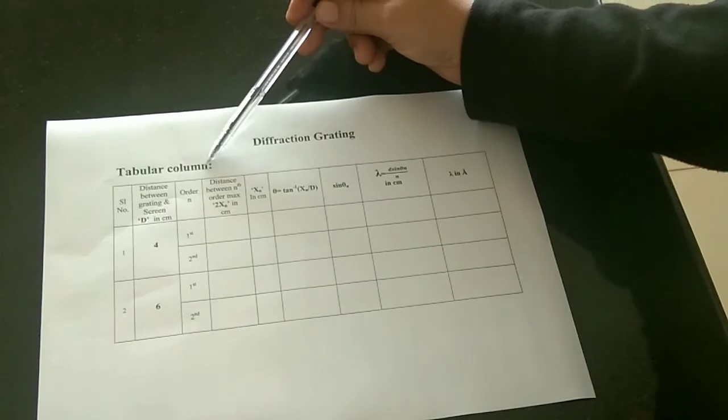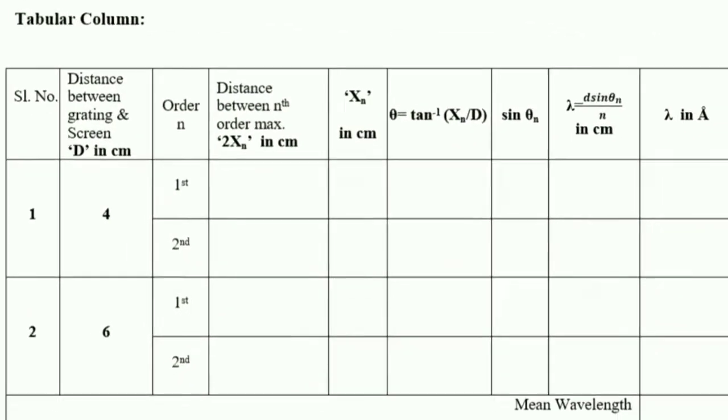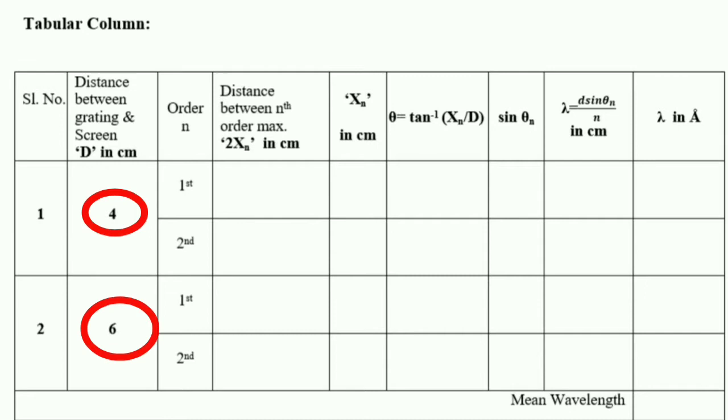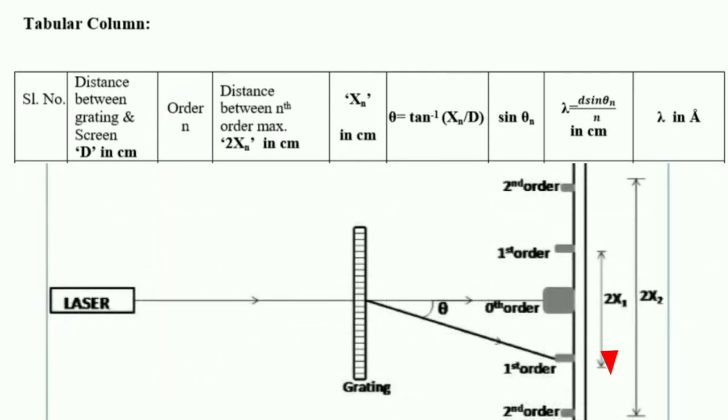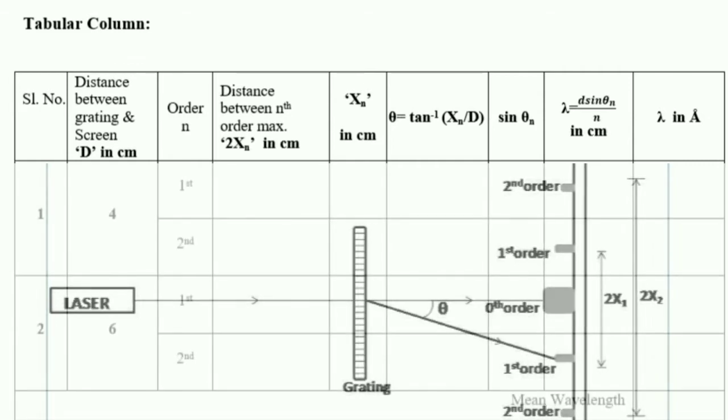In the tabular column, we are going to take the readings for two trials, that is, the distance between grating and the screen: two trials with two different distances, one is 4 centimeter and the other 6 centimeter. Here order n is 1 for first order, and for second order n is 2. Then the distance between nth order maxima, we will record from the screen.